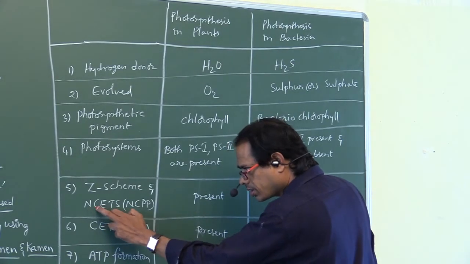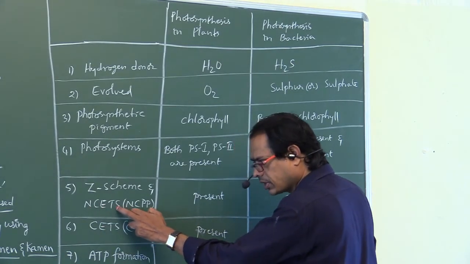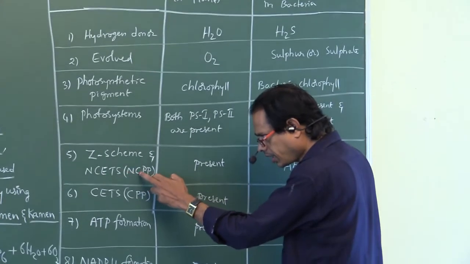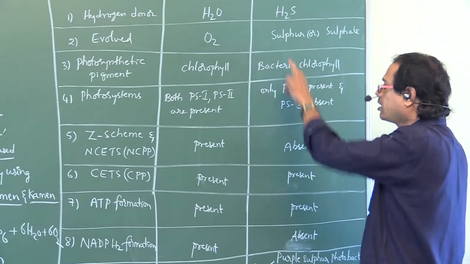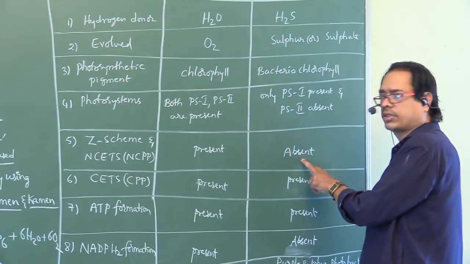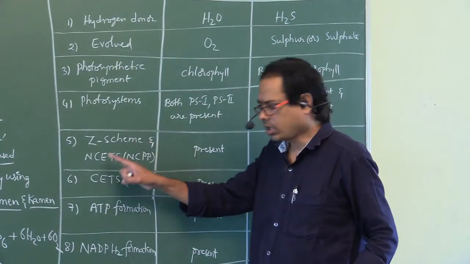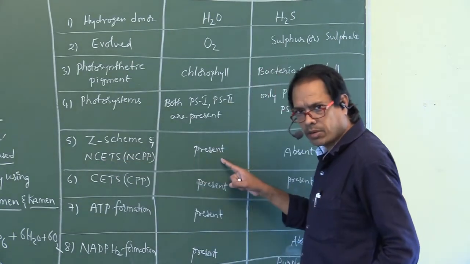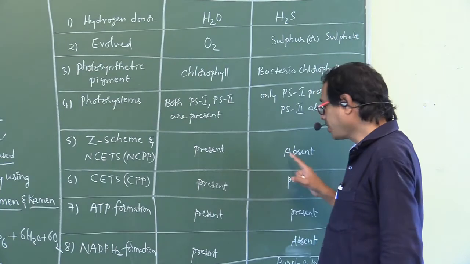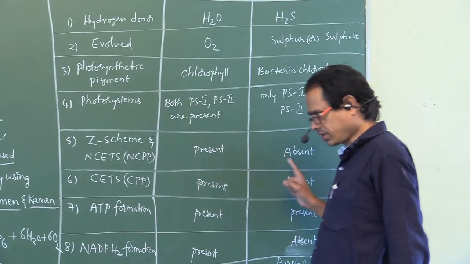The Z scheme and the non-cyclic electron transport system, non-cyclic photophosphorylation, are present in plants, whereas in bacteria they are absent.